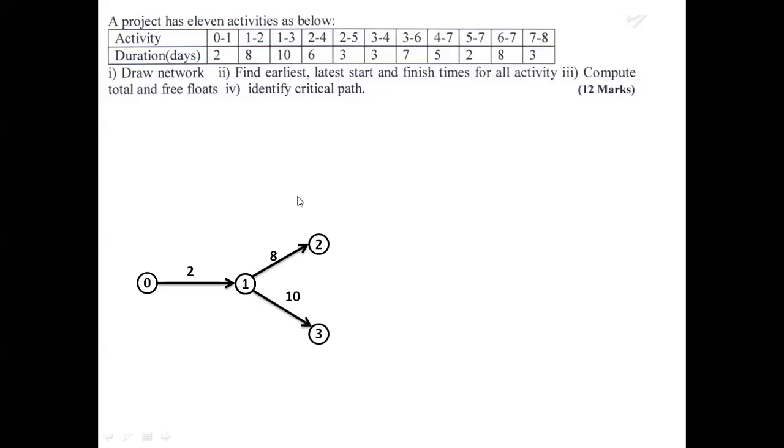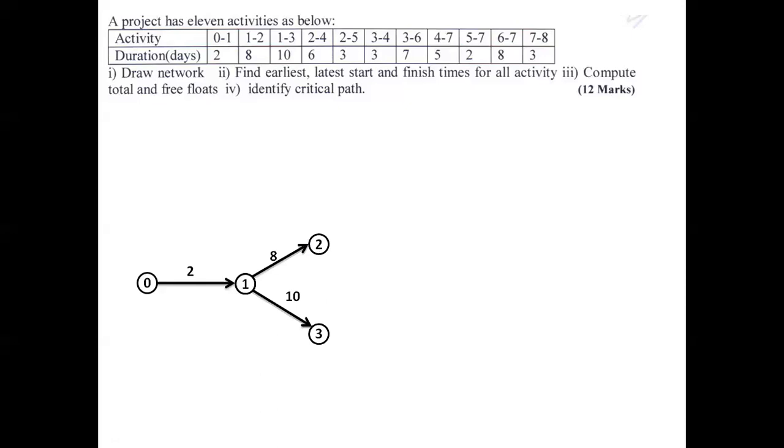Then 2 to 4 and 2 to 5. Two more activities are there which are having 2 as a start event. Next comes 3 to 4. So please apply your common sense and your logical thinking while drawing the network diagram.